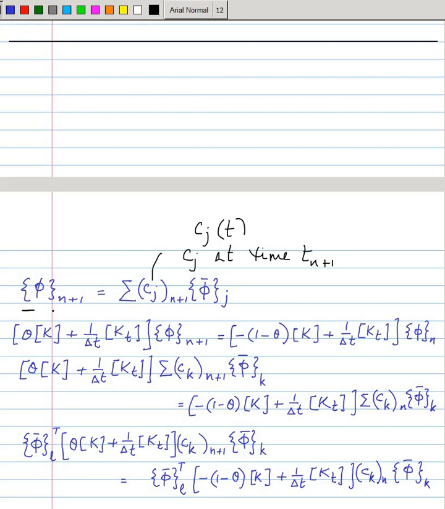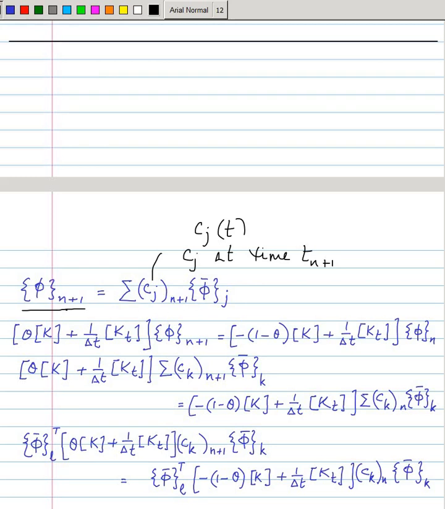And the solution phi n plus 1 depends on these coefficients times the corresponding eigenvector, and the sum. So phi at n plus 1 depends on Cj at n plus 1 times phi j, the eigenvector, and the summation of that over all eigenvectors.